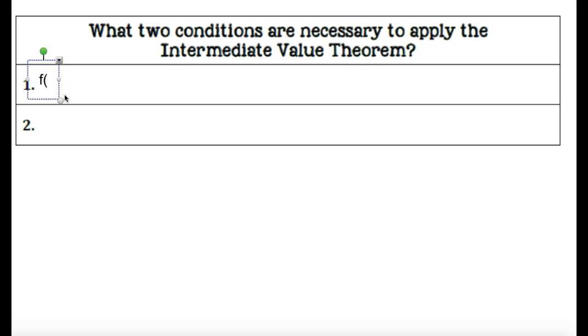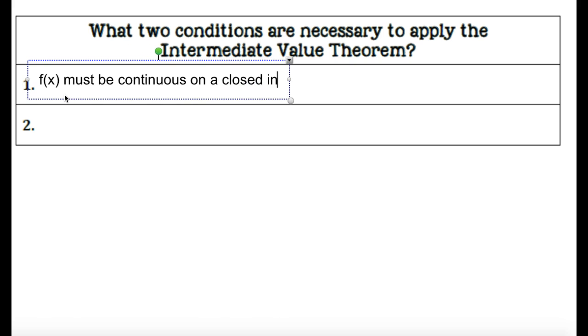Okay, first, our function f of x must be continuous on a closed interval, and we'll just call that interval a to b. All right, so x equals a and x equals b are my endpoints.